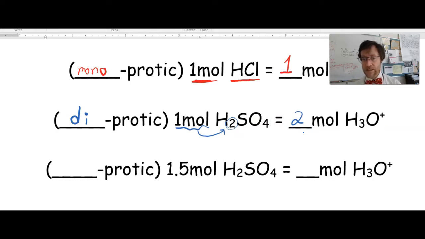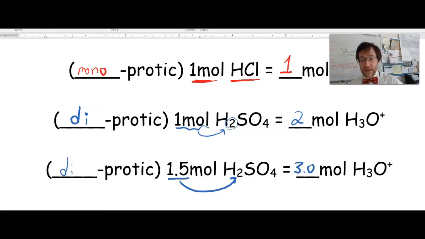You see how that works, right? So if I have 1.5 moles of a diprotic acid, that means I will have 3 moles of hydrogen ions in solution. I could do this all day, so hold on tight.